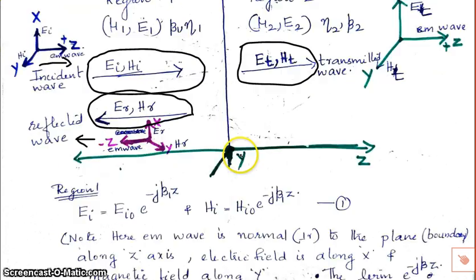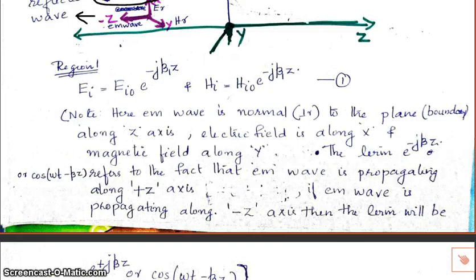Okay. Now coming to the mathematical analysis, we will start from region 1. Ei, the electric field of the incident wave, is written as Ei0 into e raised to minus j beta1 z, where beta1 is your propagation constant and z shows that the electromagnetic wave is propagating in the z direction.